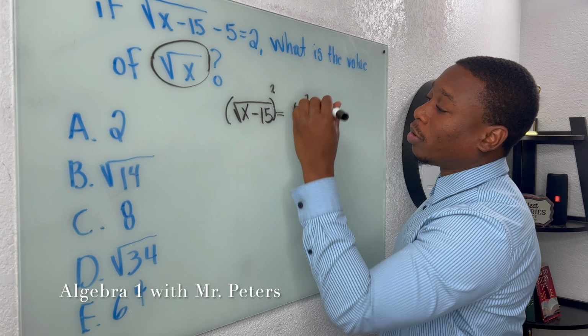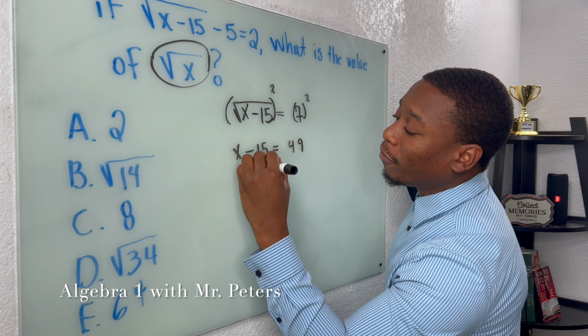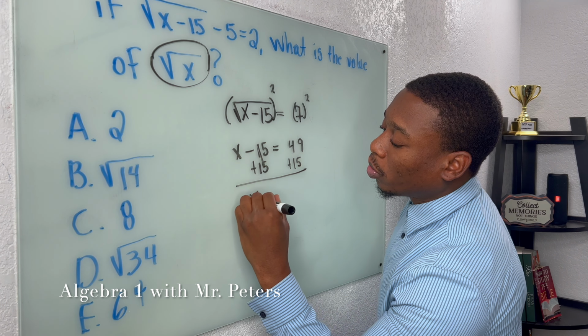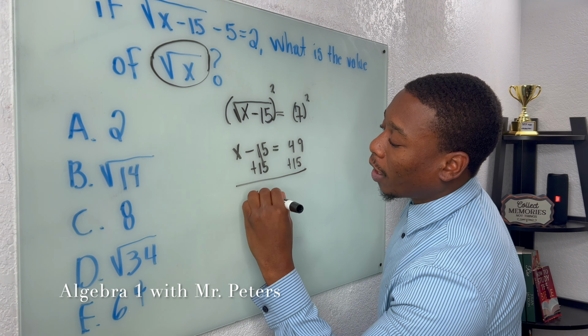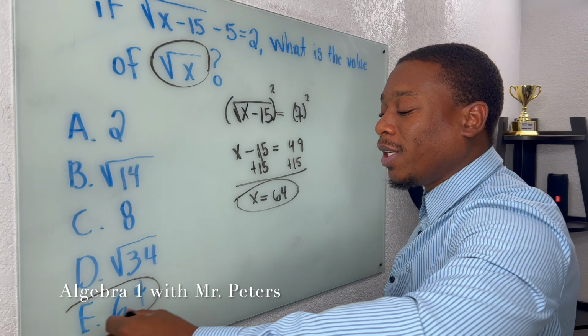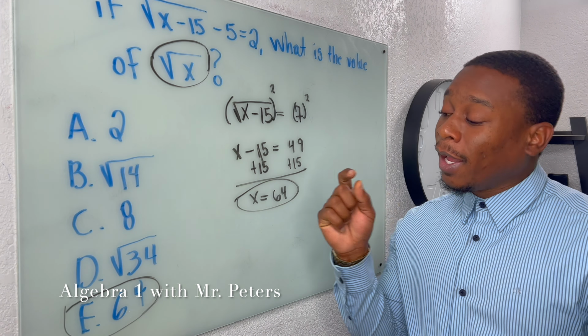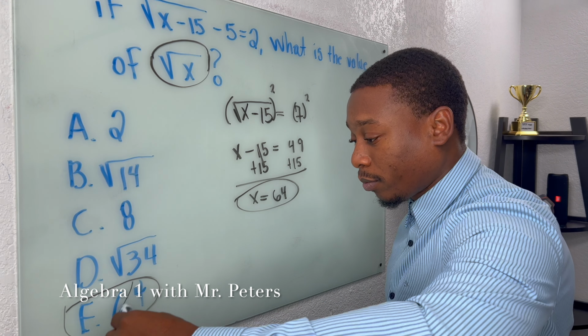So I have x minus 15 is equal to 49. Add 15 to both sides. And as a result, I'll get x is equal to 64. Now everybody's going to see this and say, oh, Peters, man, this was easy. I got it. Yes, this can be easy, but guys, E is not the right answer.